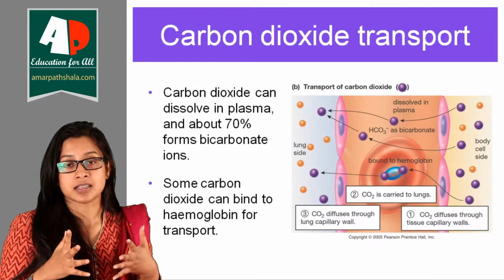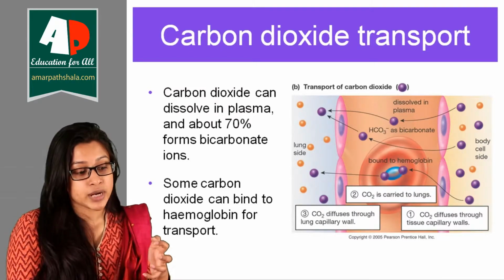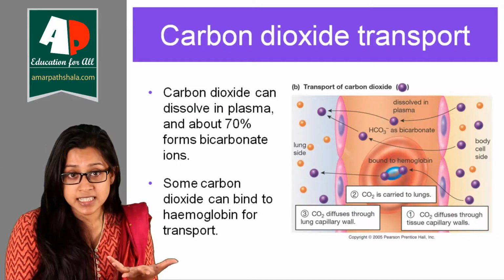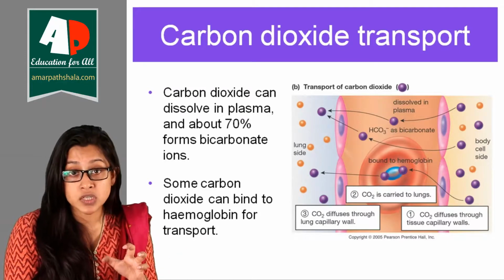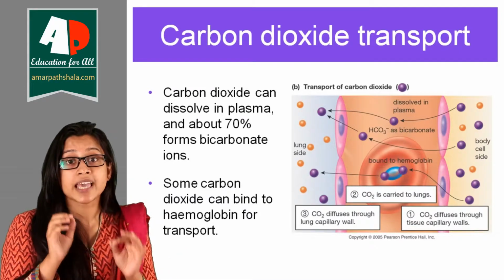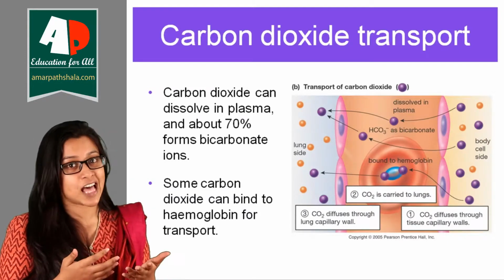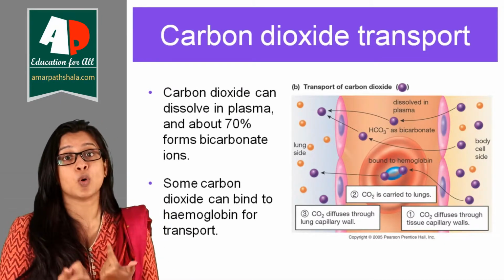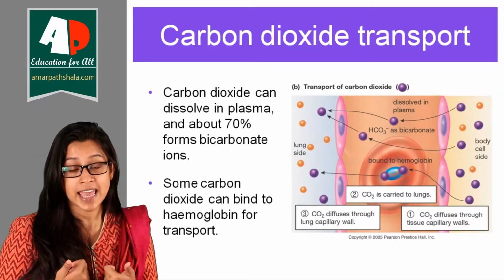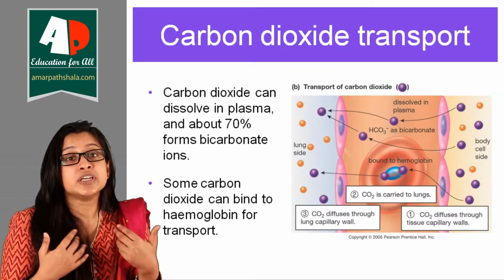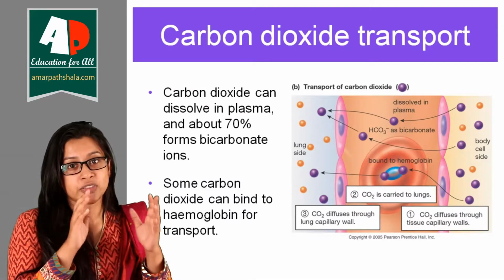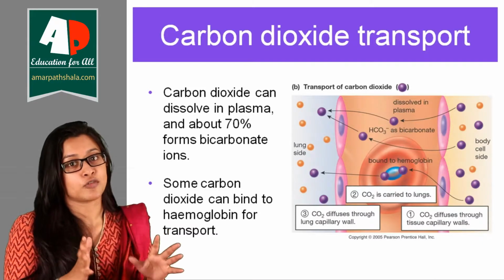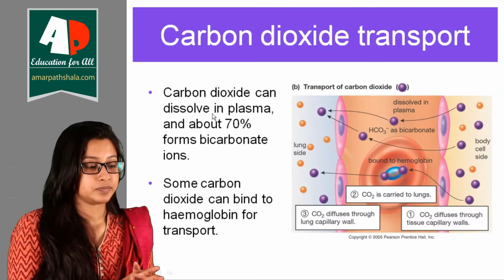In the lungs, the carbon dioxide then breaks down into the gaseous form and diffuses through the lung capillary walls into the alveolar air sacs, and through the process we know as expiration, we breathe out carbon dioxide. So that was the process of carbon dioxide transport.